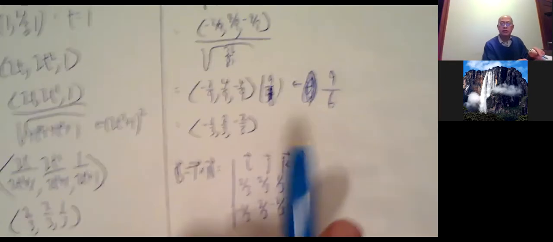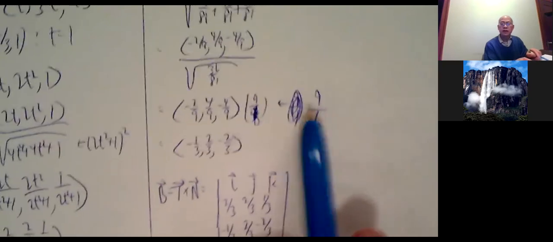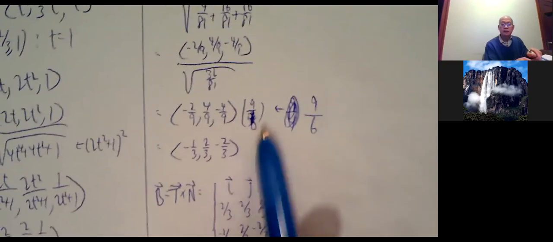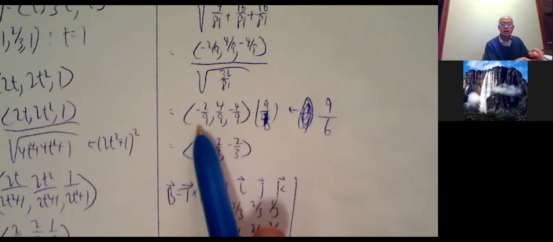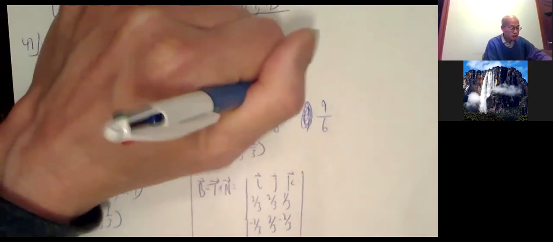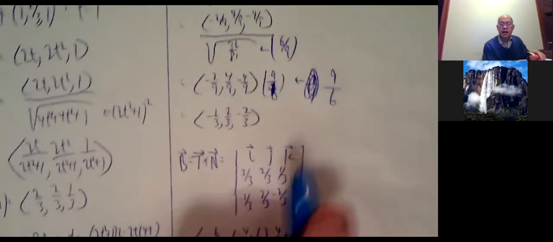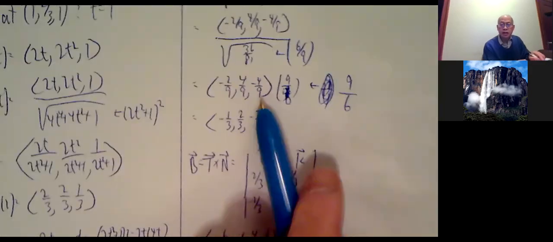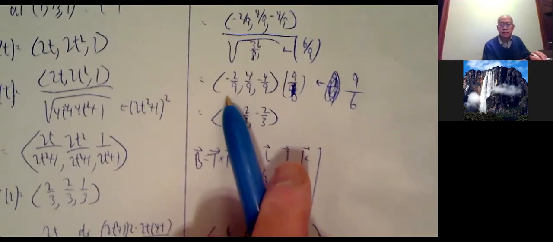Yes, I could make that 3 over 2, but it's more convenient to leave it as a 9, because then all these 9s cancel out. I'm just swapping a 9 for a 6, essentially. That's what I meant to say. Yes, it's 2/3, but by leaving it as 9 over 6, I cancel all these out and just make them all 6s.